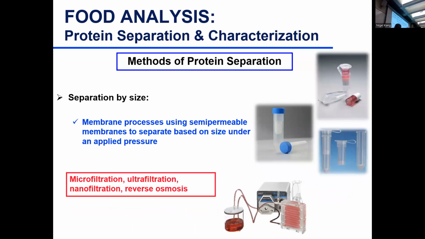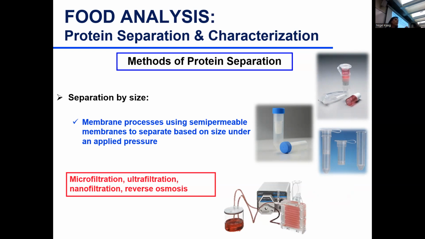The other membrane method that we can use for protein separation in lab scale for research is that we have tubes or centrifuge tubes. They have a membrane in the middle of the tube, and with different cutoff, depending on our purpose. And then we can add our sample and we put it in the centrifuge.